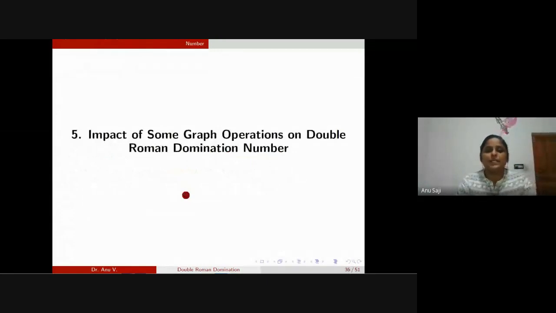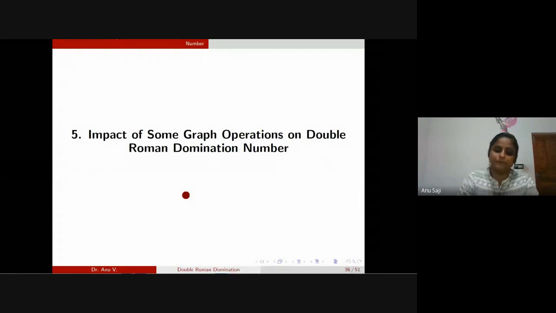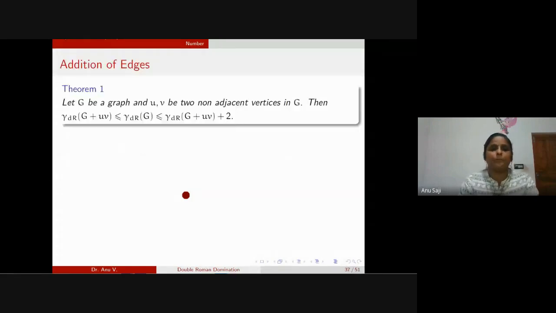Now, we will study the impact of some graph operations on the double Roman domination number. If we add an edge, let u and v be two non-adjacent vertices, and we are adding the edge uv, then the double Roman domination number will decrease by at most 2. In some cases, the double Roman domination number won't change.